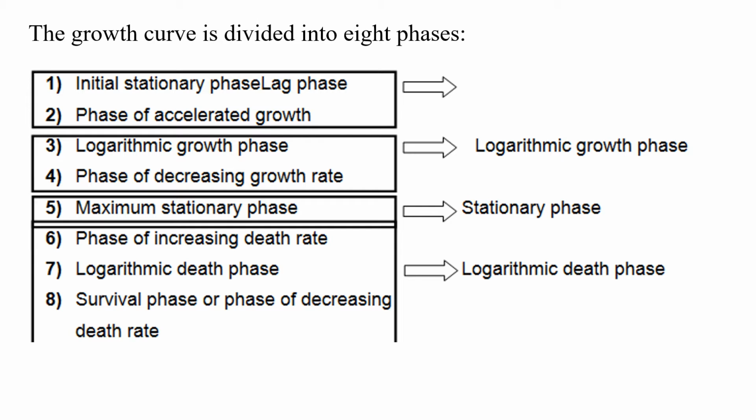The logarithmic phase is divided into two phases, the logarithmic growth phase and the phase of decreasing growth rate. The stationary phase is also known as the maximum stationary phase. The logarithmic death phase can be divided into three subphases: the phase of increasing death rate, the logarithmic death phase, and the survival phase, which is also known as the phase of decreasing death rate. We'll discuss each stage of this growth curve in detail.